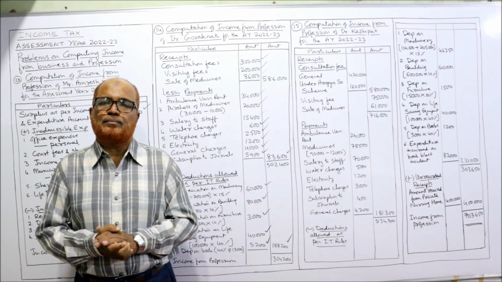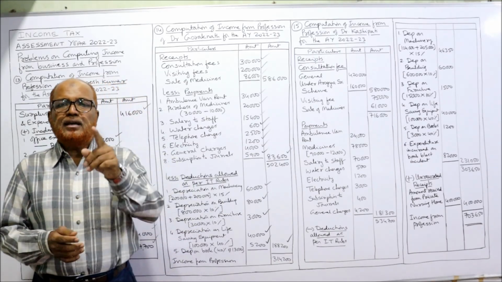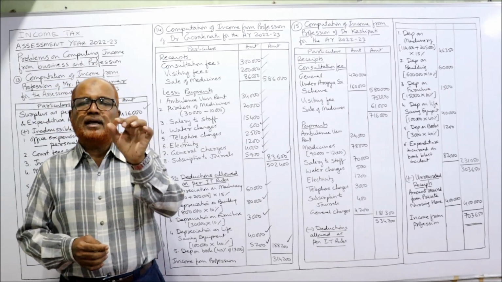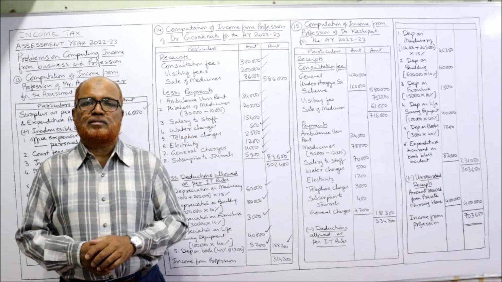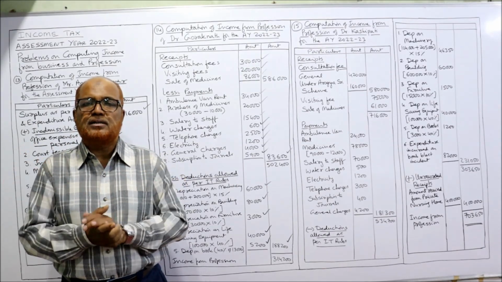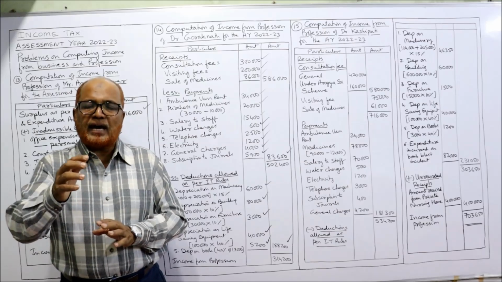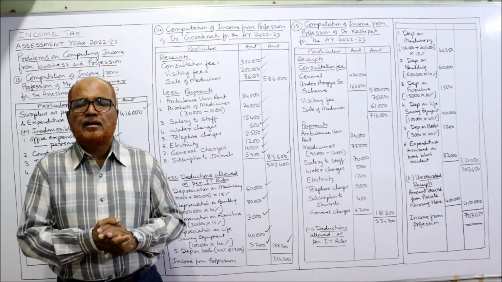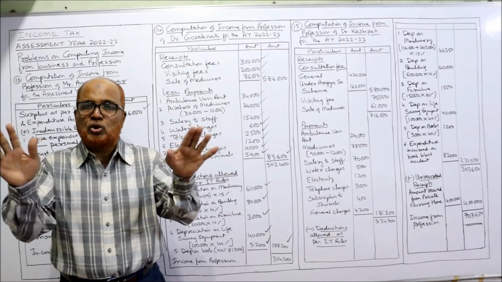But these professional people like doctors, advocates, chartered accountants, normally these people maintain the accounts on cash basis, not on mercantile system. So what is the difference? In cash system of accounting, we take only cash receipts and cash payments. Any outstanding amount should not be considered. Whatever cash received, that only we take. The cash which is receivable should not be taken.